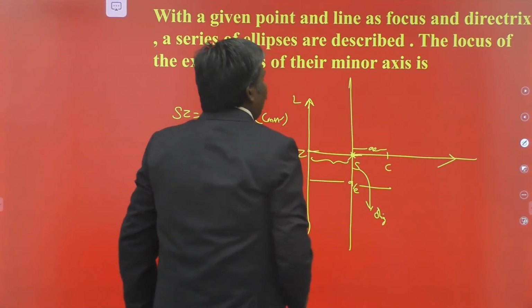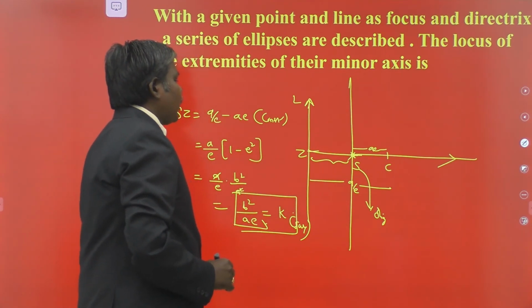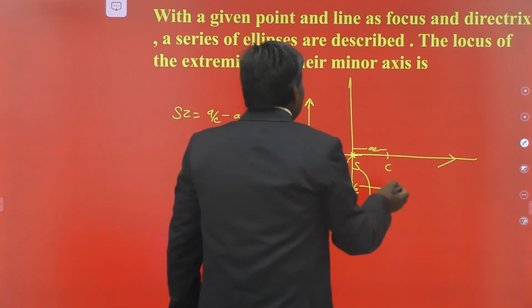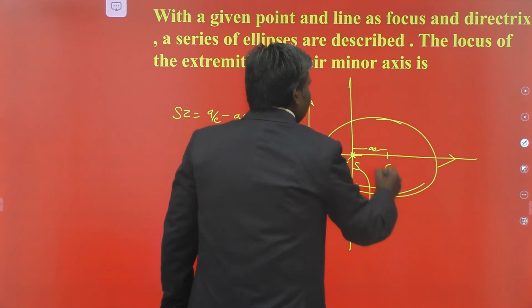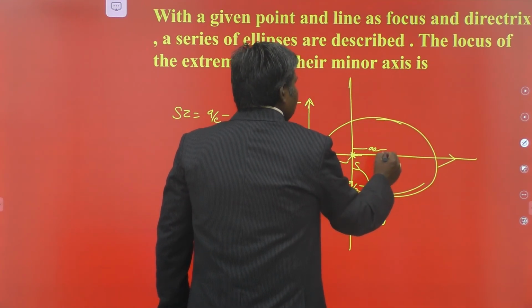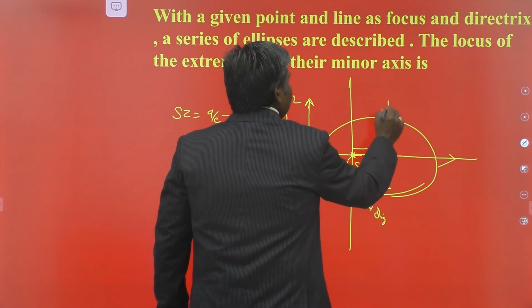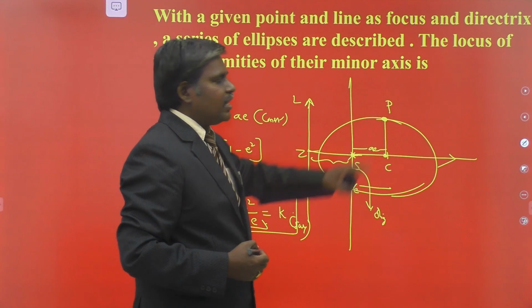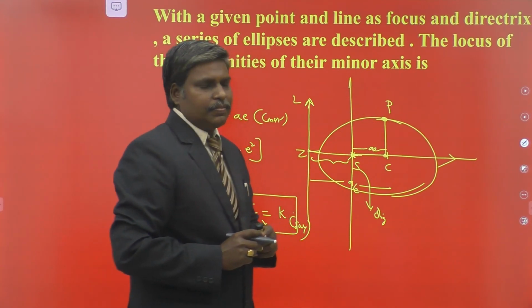Automatically this will be the y-axis. Now we have to find out the locus of the end of the minor axis. Your ellipse may be in this manner. This is the center of the ellipse. You have to find out the locus of this point P. Is it the end of the minor axis or not? Yes, it is the end of the minor axis. We are going to find out the locus of this point.